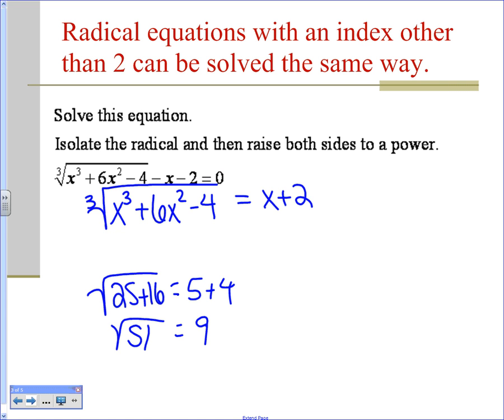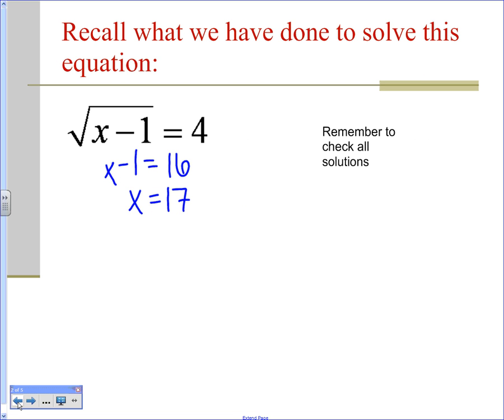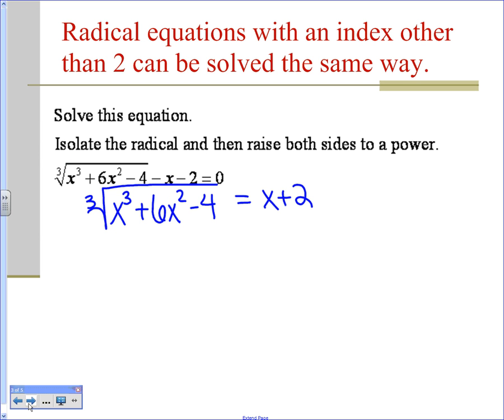So can we just take the square root of each of them individually? So do you think we're going to be able to take the cube root of each of them individually? No. That's not going to work. What did we do here? We squared it. Yes, you're going to cube it.